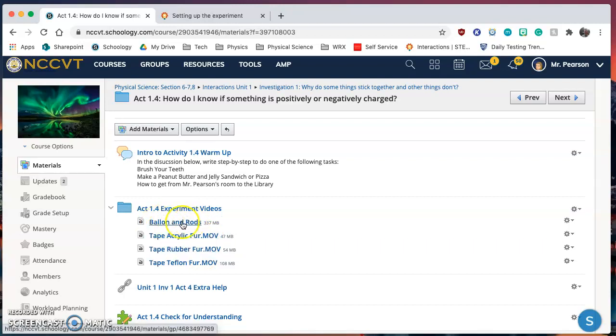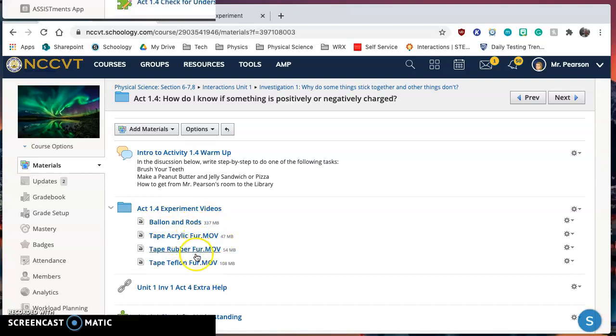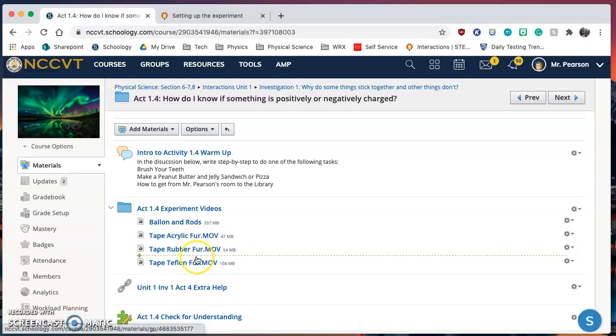Based on the results that we saw here, we took the best combinations. So really, the fur was the best application of friction. And we looked at that combination with acrylic, rubber, and Teflon, and how that interacted with each of the pieces of tape.